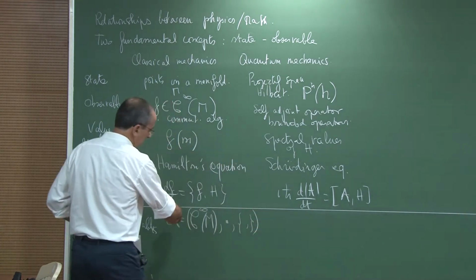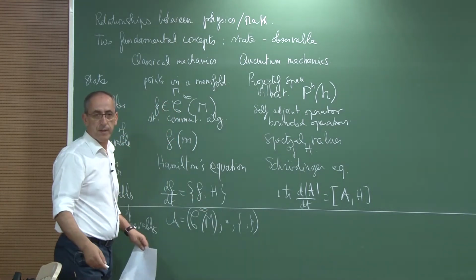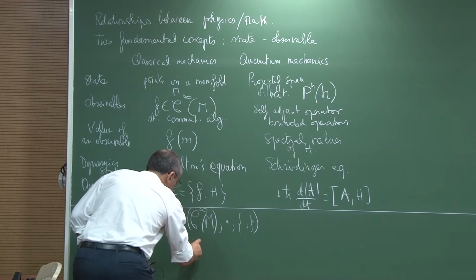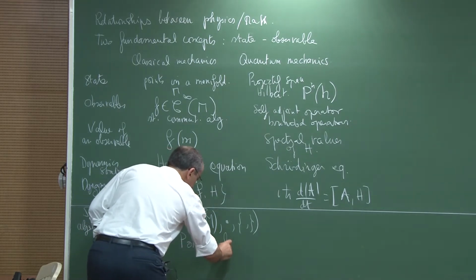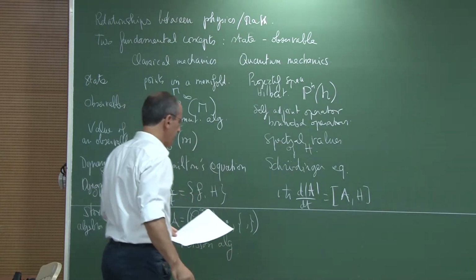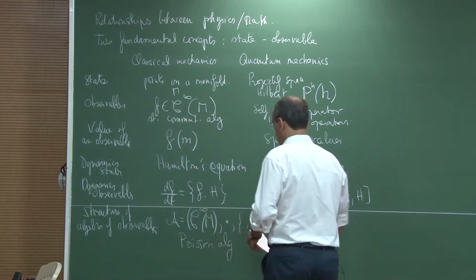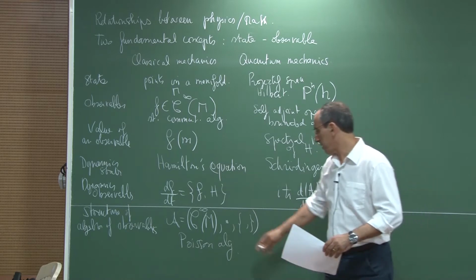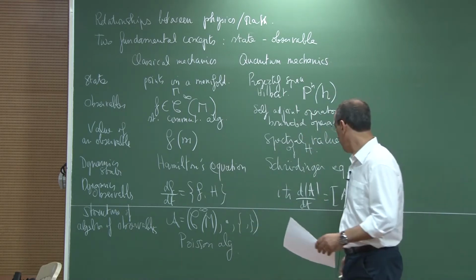This triple defines what we call a Poisson algebra. Of course, this algebra is commutative, because the pointwise multiplication is commutative here.